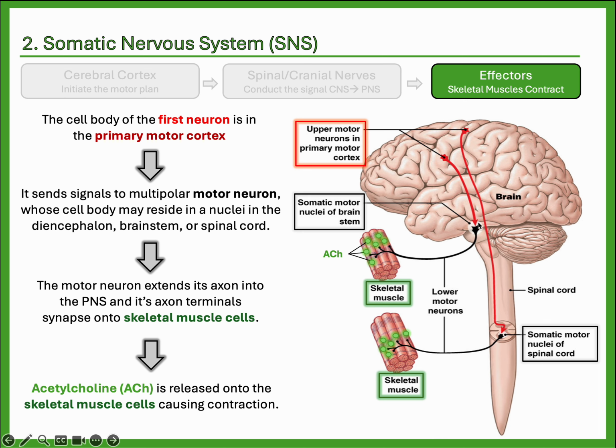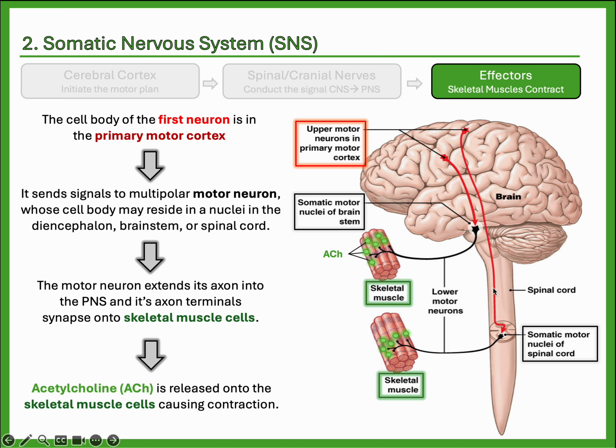This last neuron that actually talks to the muscle is called a motor neuron. So here, our other neuron synapses with this one that came down, and it exits out. It has its cell body in the brainstem, and it exits out to the skeletal muscle. Or, this would be an example of a cranial nerve.